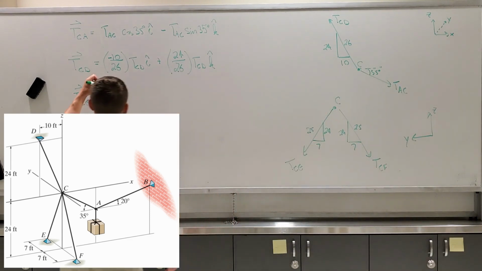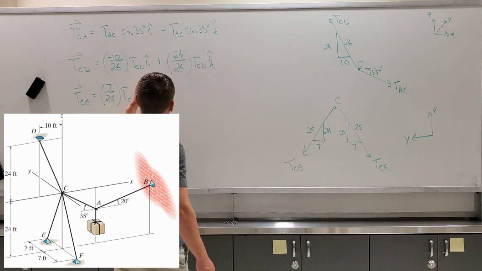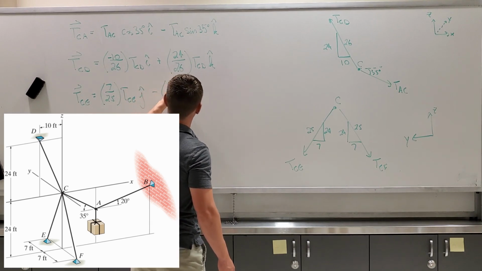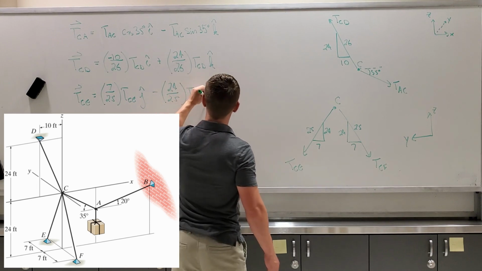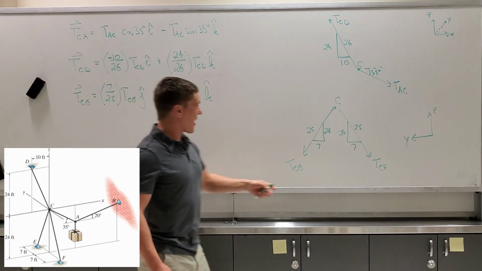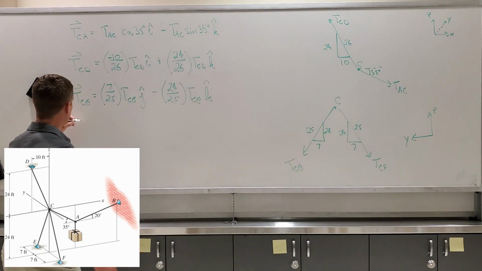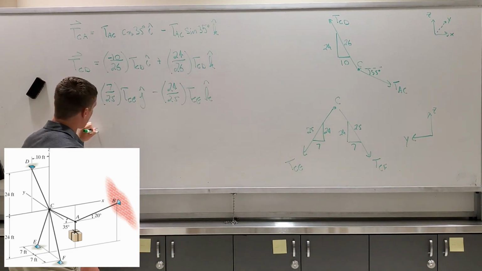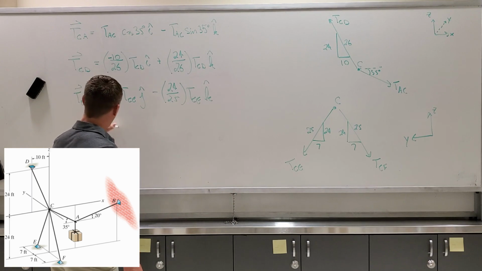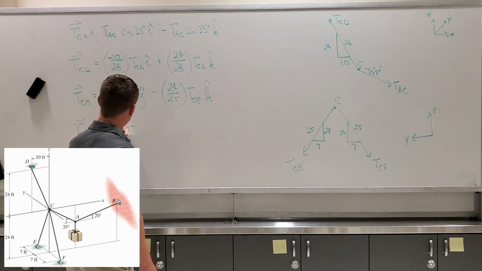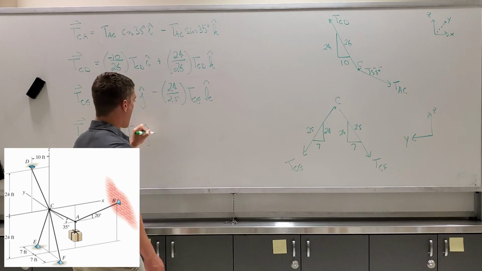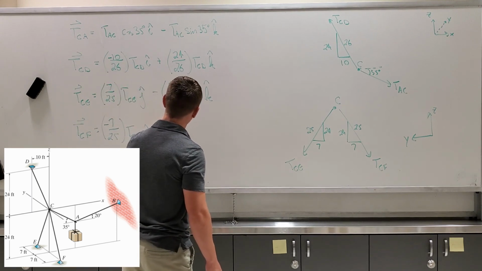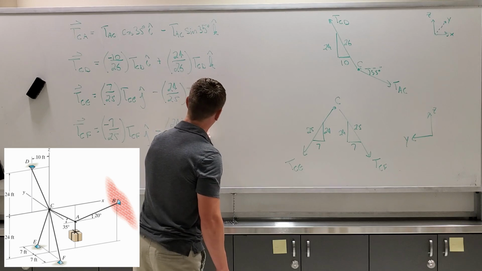So I get a 7 over 25 TCE in the J direction, and then I have a negative 24 over 25 TCE in the K direction. I do the exact same thing for my TCF. So my TCF vector is going to be a negative 7 over 25 TCF in the J direction minus a 24 over 25 TCF in the K direction.